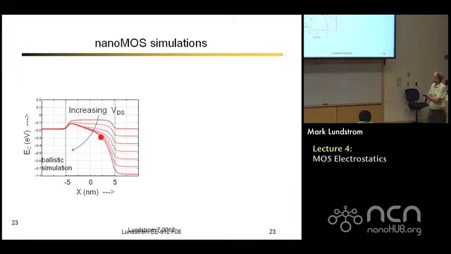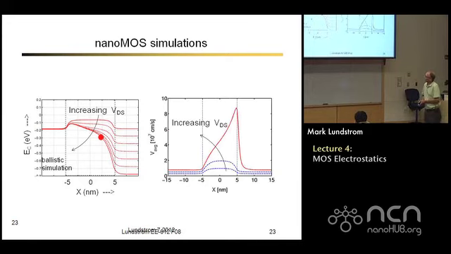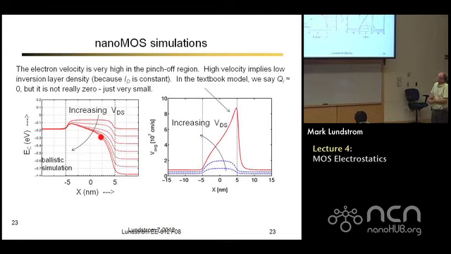And you can look at a point where suddenly the electric field gets very strong because the slope there gets very steep. That's the pinch-off point of the transistor. And this is what the velocities look like here also. The electron velocity gets very high in that pinch-off region, and the channel gets very small, but it's not really zero.